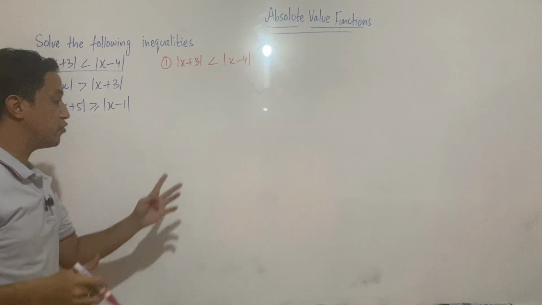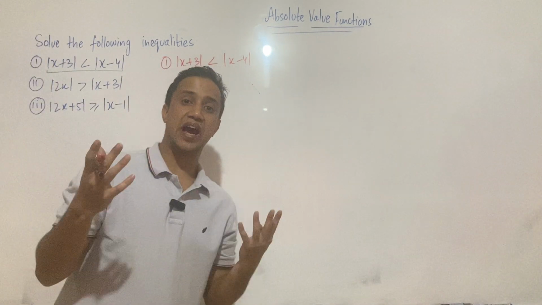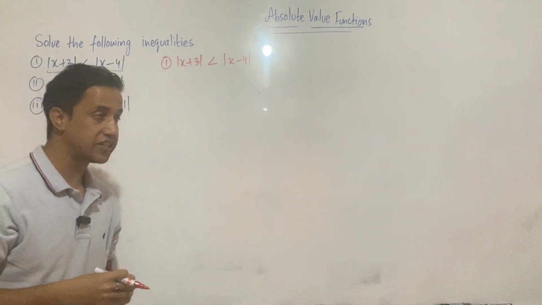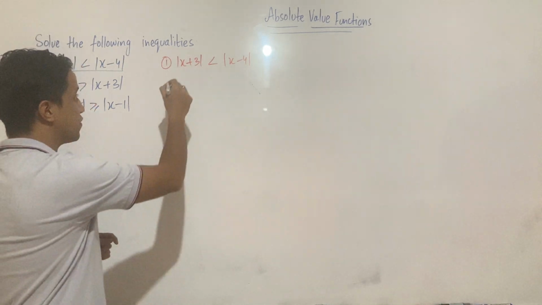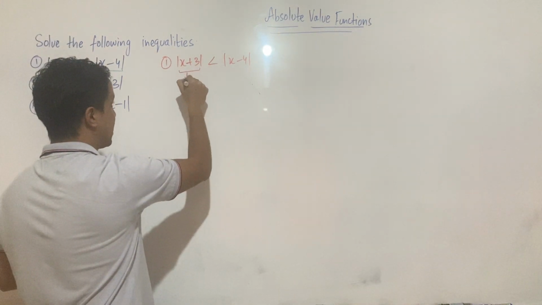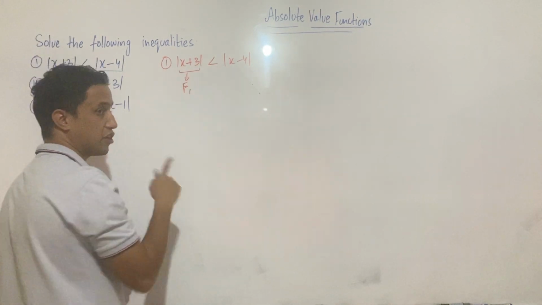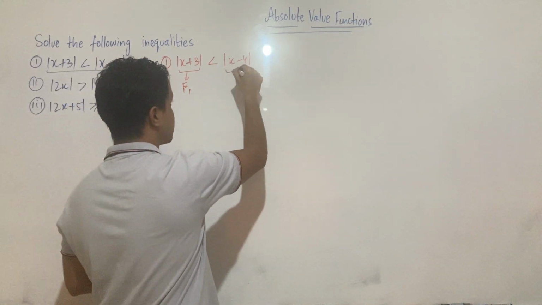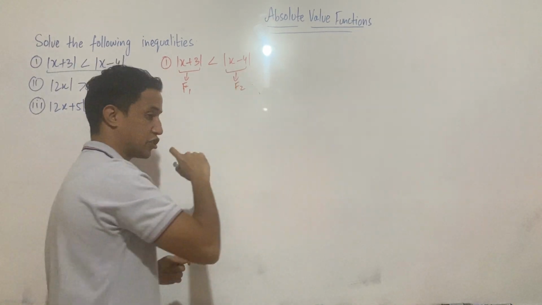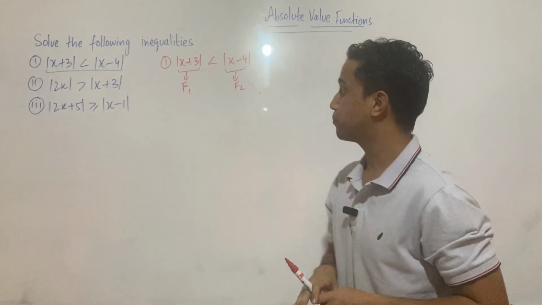So if you look at this inequality, we are given two functions, right? This is our first function, I can say this is our f1, function number 1, and this is our second function f2, right?